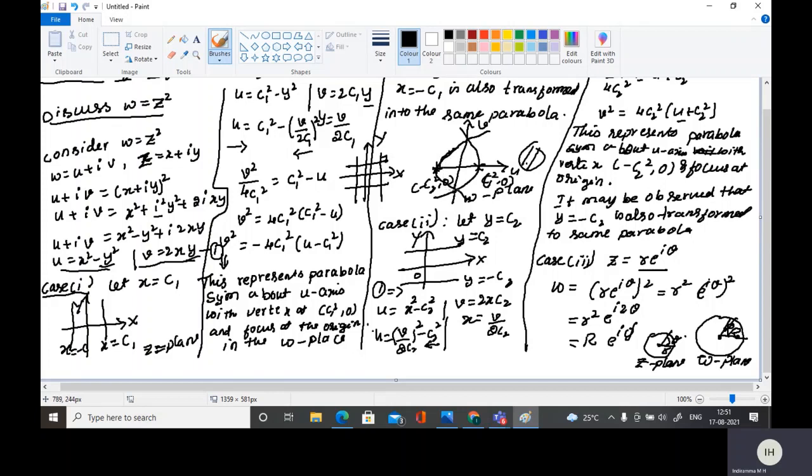We got parabolas as the images of both. If you measure the angle between those parabolas, we have to draw the tangents to them and measure the angle between those two tangents, and that will be 90 degrees. So the angle is preserved between the curves and their images. Therefore the transformation w is equal to z square is a conformal transformation.